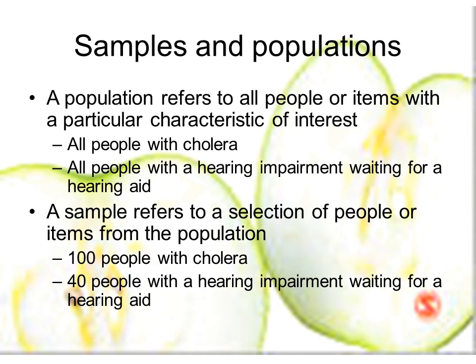A sample refers to a selection of that group of people. So out of that whole entire group of cholera, there might be 1,000 people, but we might only sample 100 of them when we're testing. Same thing with hearing impairment. You might only sample 40 people out of 500 people.